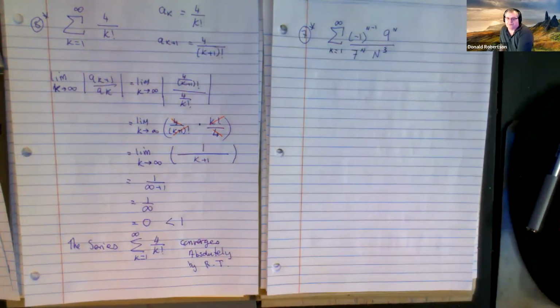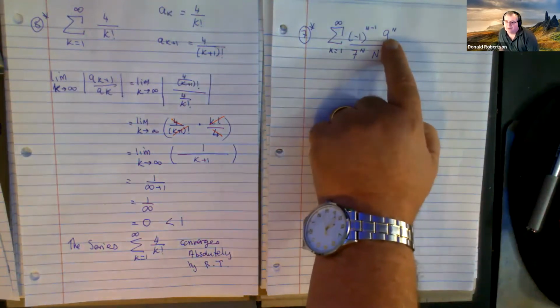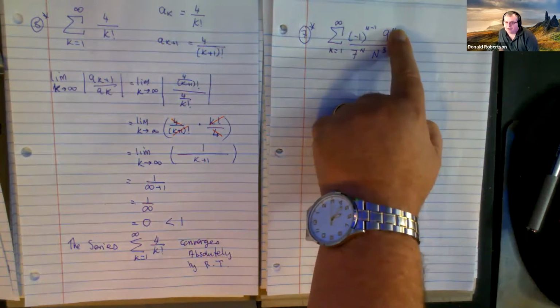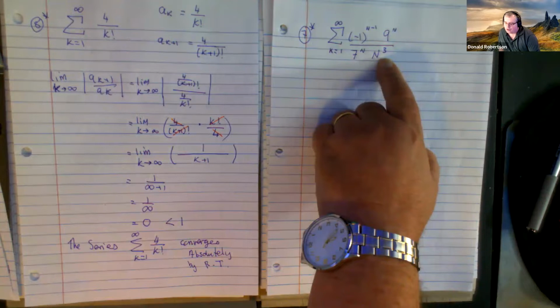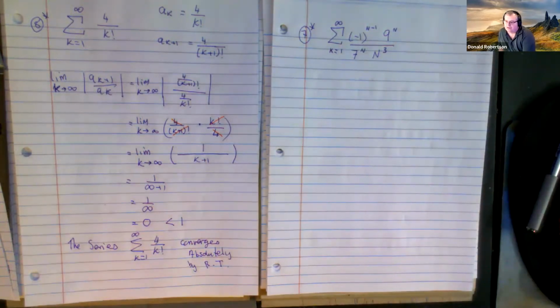Would you agree that's one pretty ugly looking series? But it's got the features that make it a ratio test. Do you see a number to the power of n and an n cubed, n squared kind of thing? That's almost always going to be a ratio test when you see that combination. So far, so good? Right, ratio test it is.